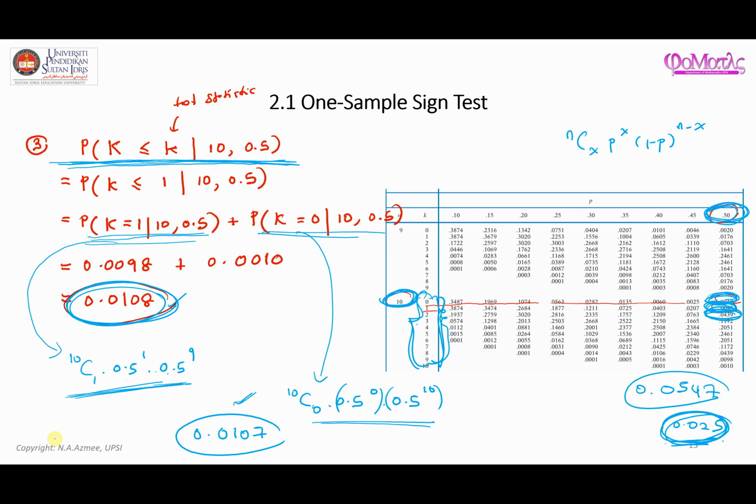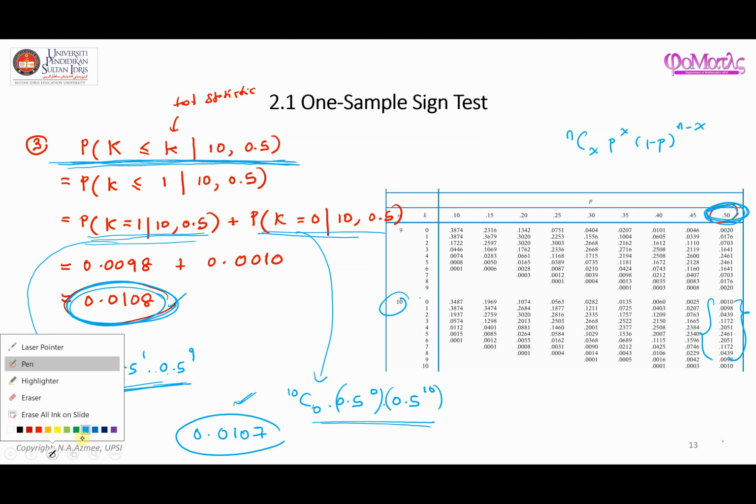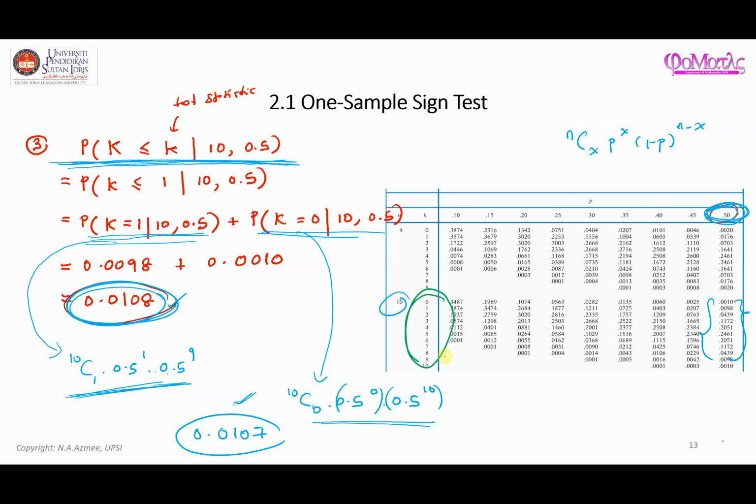Got it? So again, let me just rephrase this. I'm going to just erase this part. Let me try to express it one more time. Basically, here is the probability part that you have to consider, but the one that you're looking for is the critical value. So what you need to do is find which point over here, when you consider them, will give a total probability of either 0.025 or less.